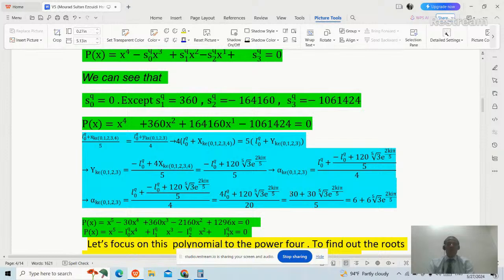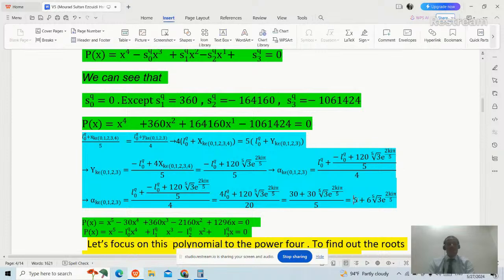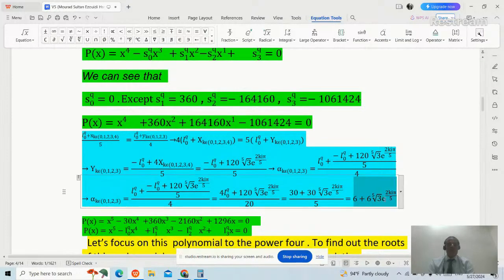It will be 30 L0 plus 30 exponential 2kiπ multiplied by the fifth root of 3, all divided by 5. I can also simplify by 5. It will be 6 plus 6 times the fifth root of 3 exponential 2kiπ over 5. These are the roots of my polynomial to the power 4.